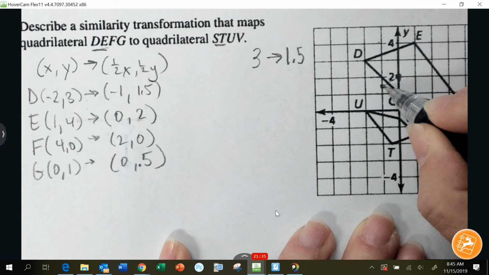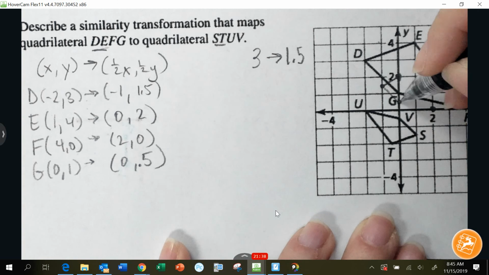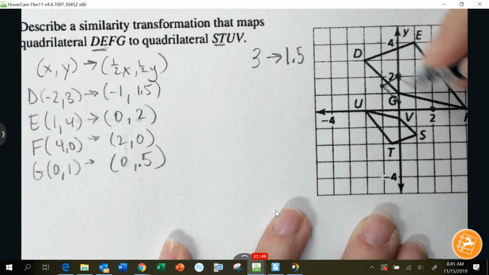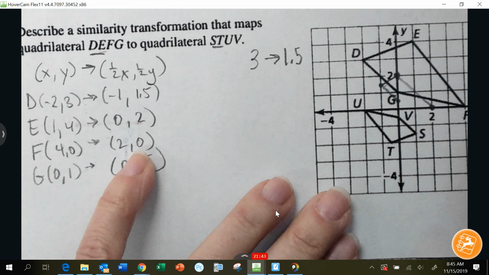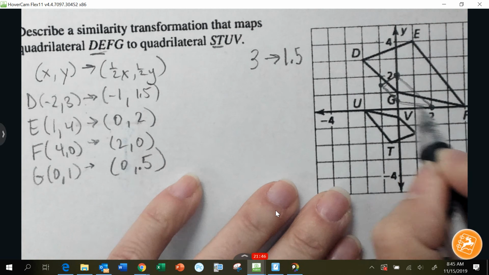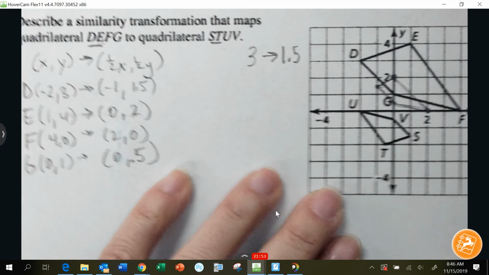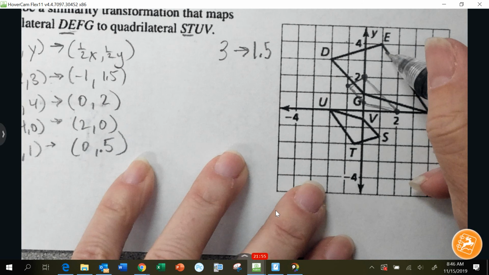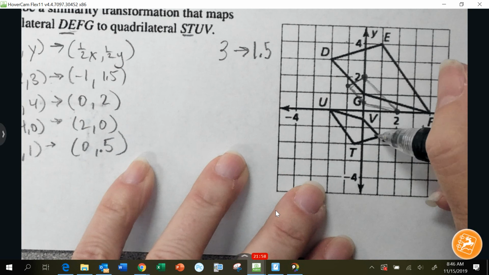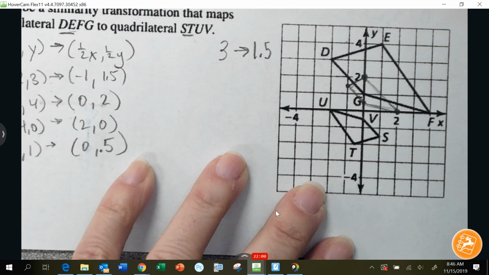Does that look right to you guys? It doesn't look right to me. I mean, it looks like this is a dilation, but it doesn't look like that matches.